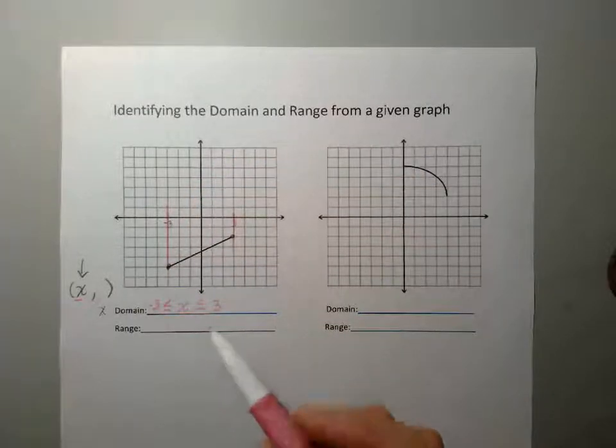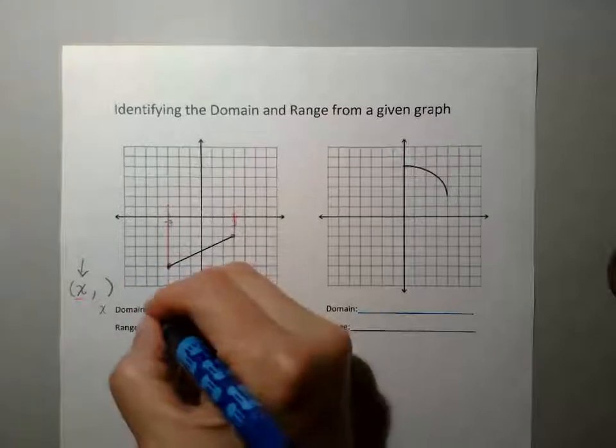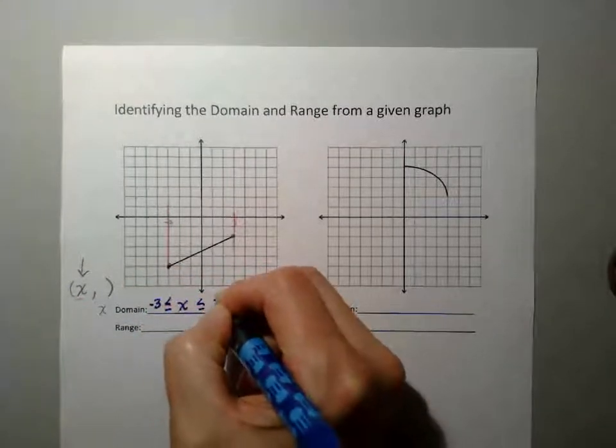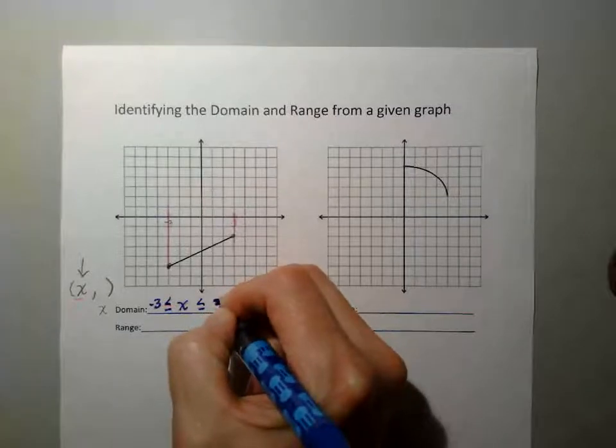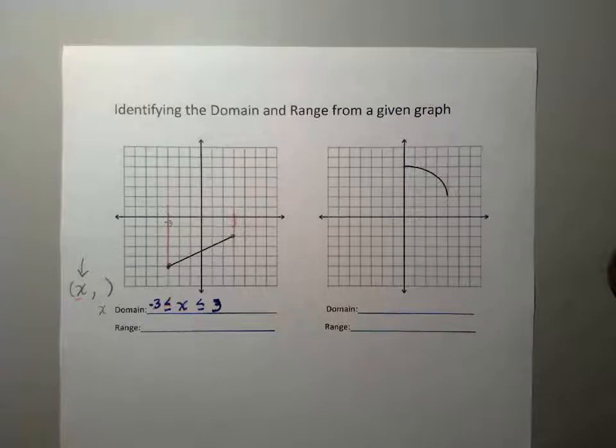Then when you want to identify the range, looks like I need to pick a little darker marker. Then when you're looking at the range, you want to look at the Y values.